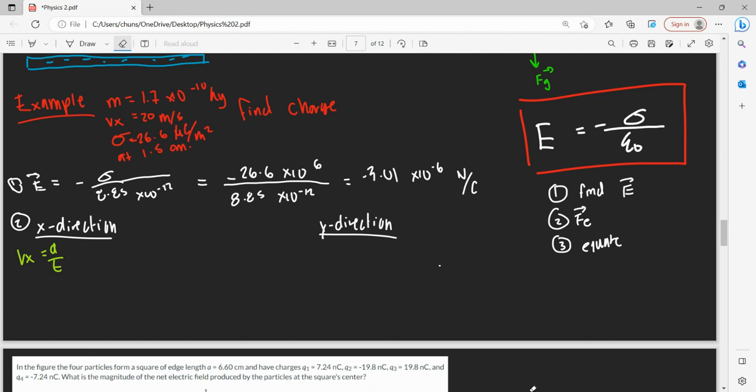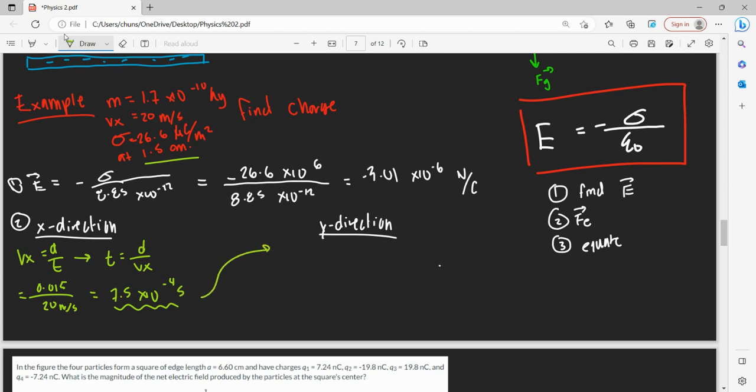When we have kinematics questions, we want to find time, right, and use time to relate the two. It's going to equal 0.015 from there, over Vx, 20 meters per second. That gives a time of 7.5 times 10 to the negative 4 seconds.